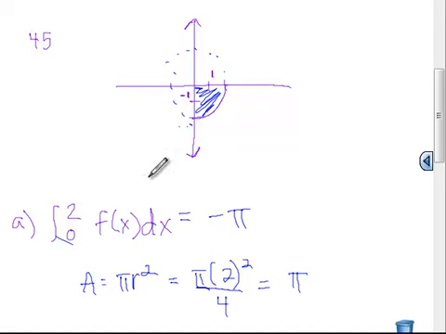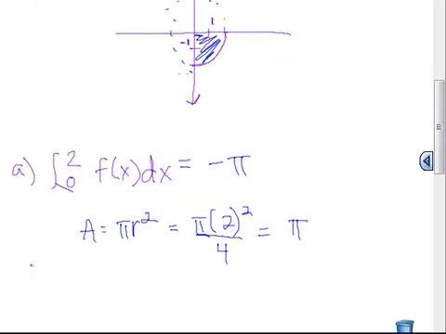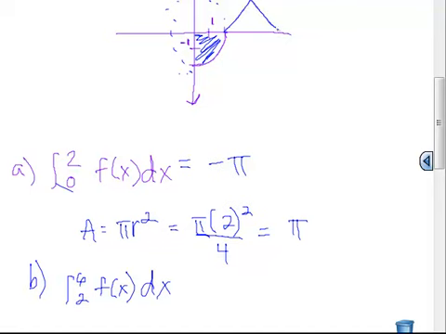So let me go ahead and do B with you. B is asking us to find the integral from 2 to 6 of f of x dx. What we also have is a triangular piece.